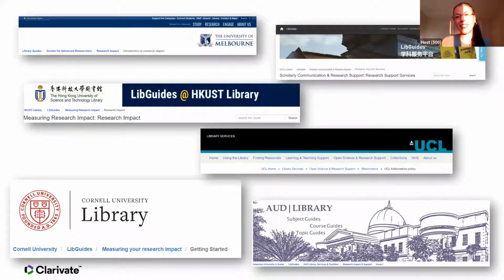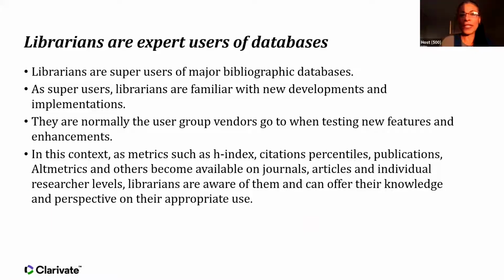But what they've done is to really list the areas that librarians can take a leading role in this arena. And the main reasons is that we are the experts of expert users and super users of these databases, right? We use them almost every day.